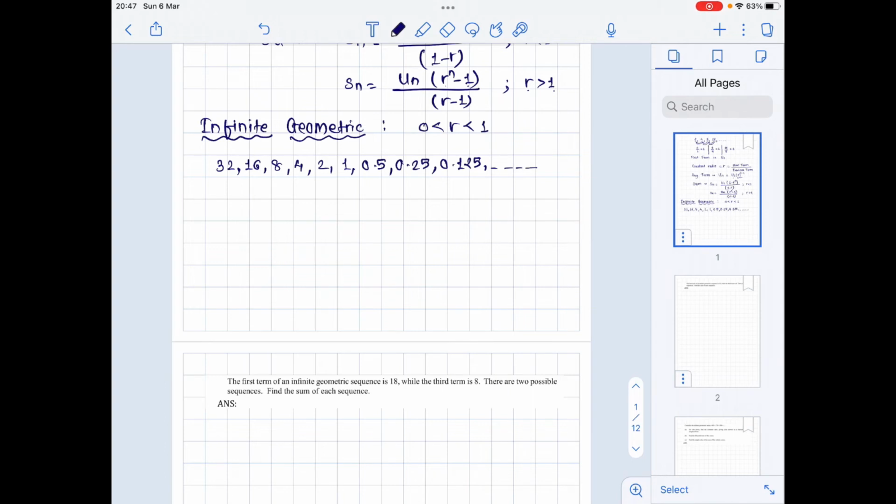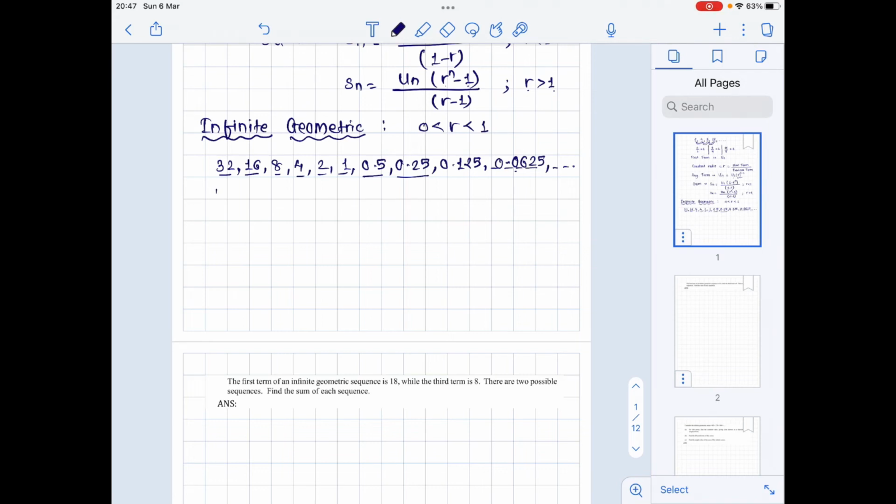So you can see the trend: now 0.125, the next term would be 0.0625. Right now it's 2 digits, then 1 digit, then 1 decimal, and then you can see one more 0 being added. So the more you divide by 2, the more you are approaching 0.